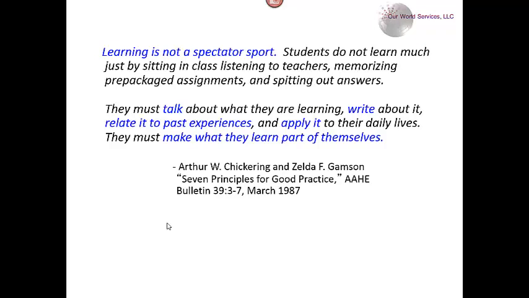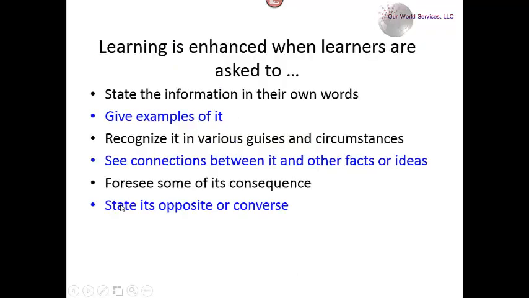They need to write about it, relate it to past experiences and apply it in their daily lives. They must make what they learn a part of themselves. In other words, they must live, breathe, eat, drink, and sleep what they're learning to get it. That's part of what we're trying to do when we talk about ePortfolios, bringing electronics into the classroom, videotaping things, and publishing videos on their portfolios, which we're all going to talk about in this class as we move forward.